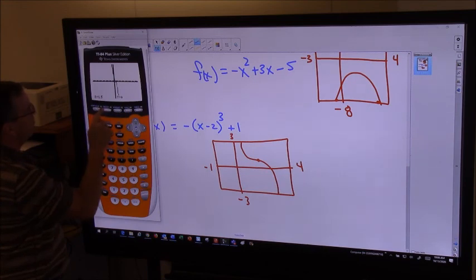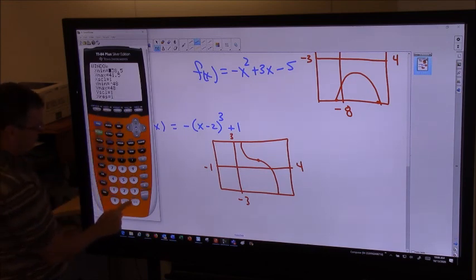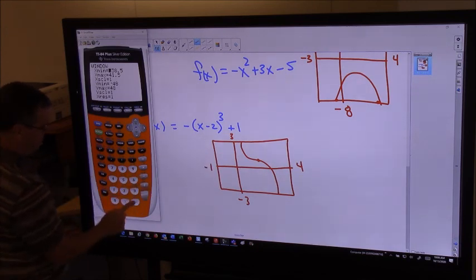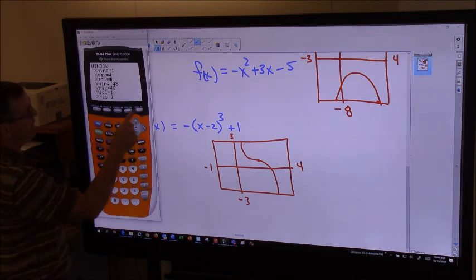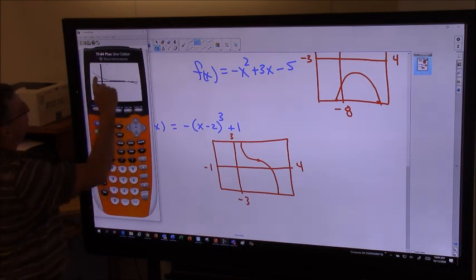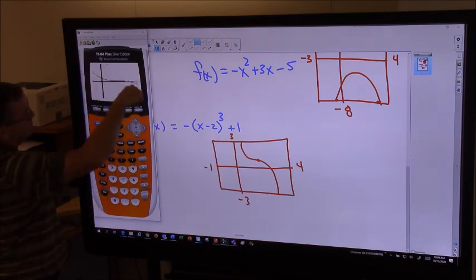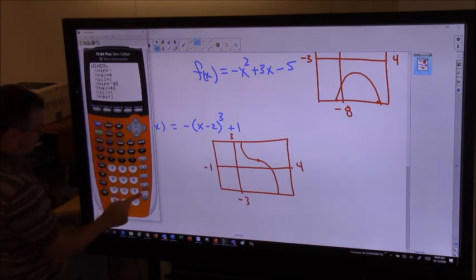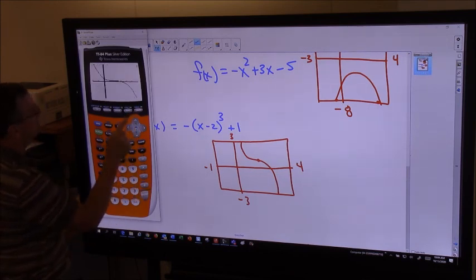I'm going to go to my window and change these back to -1 and 4. But I've got some pretty large y values. This is going up, this is going down. Maybe I should make that go a little farther, so let's go -2 and 6.